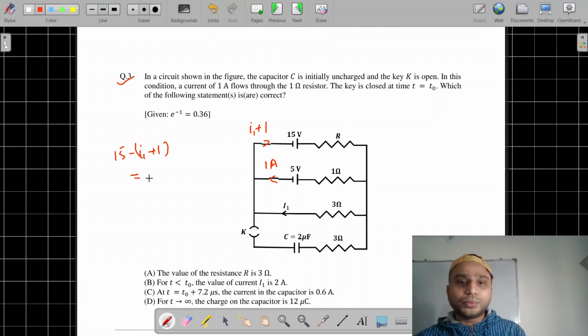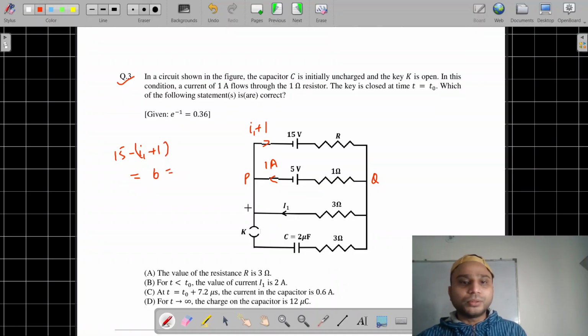This is equal to the potential difference across this whole circuit from point P to point Q, which is plus 5 and plus 1. So that is 6 volts.